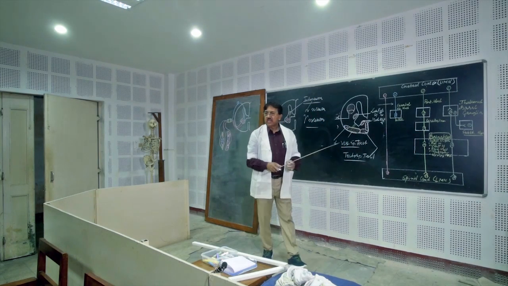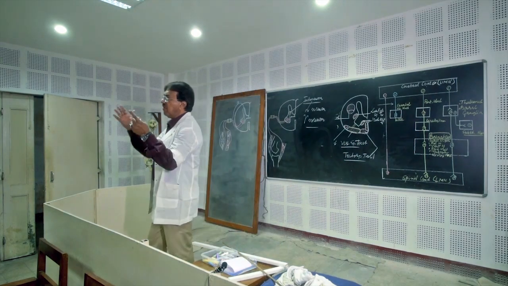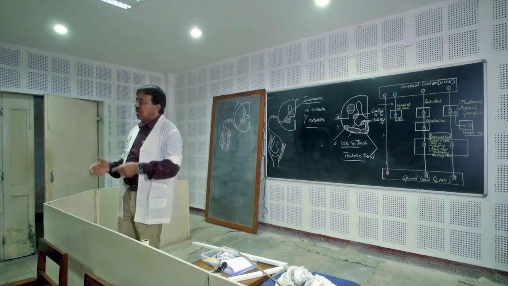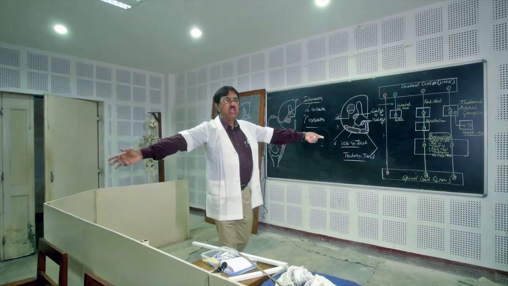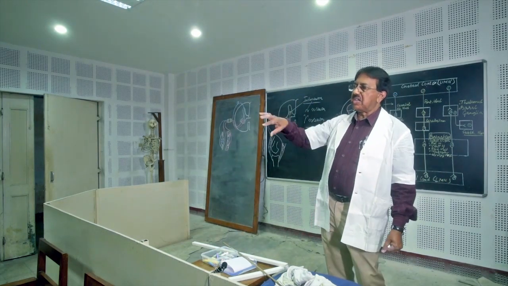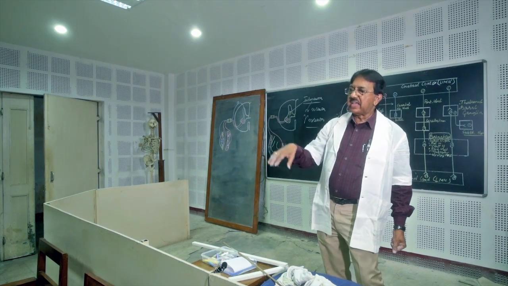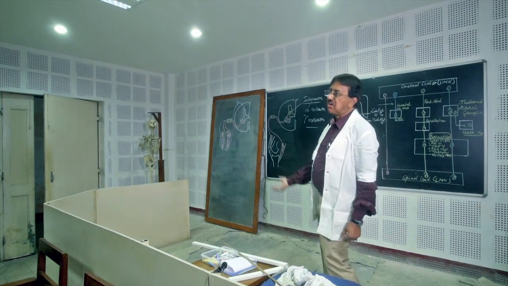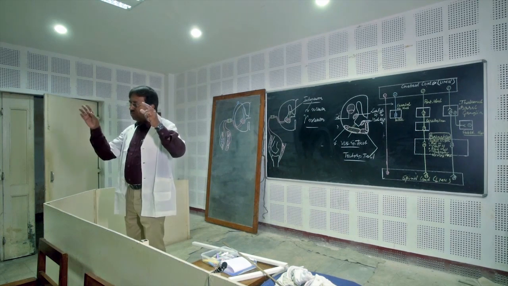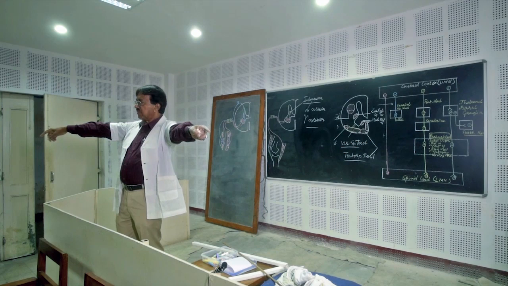And pyramidal tract is mainly concerned with what? Skilled fine voluntary movements, mainly of the peripheral part of the limbs. The flexion is antagonized by the extensor, abduction by adductors, medial rotation by lateral rotation or vice versa. Therefore, it is concerned with the skilled finer movements in the distal part of the limbs mainly.